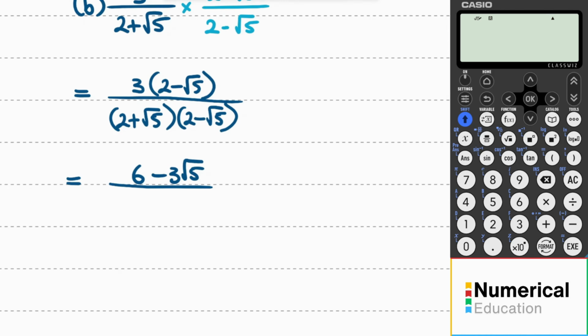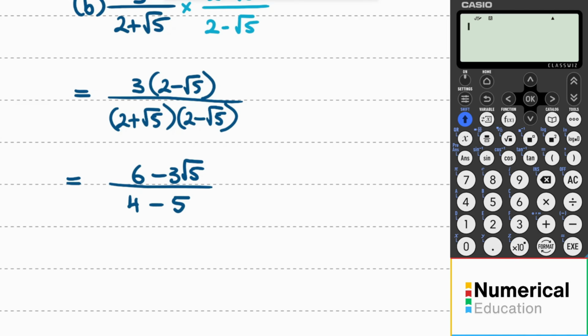So 6 minus 3 root 5 looks right to me. It's because the bottom will always become a difference of 2 squares. So we're going to expand using the difference of 2 squares. 2 squared is 4. Minus root 5 squared is 5. So that becomes my denominator.